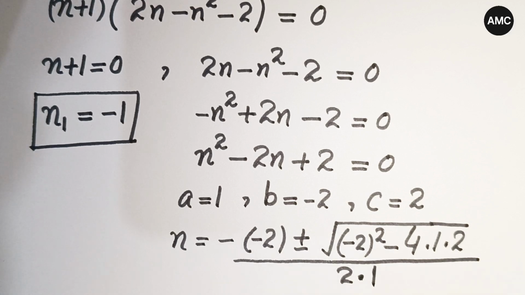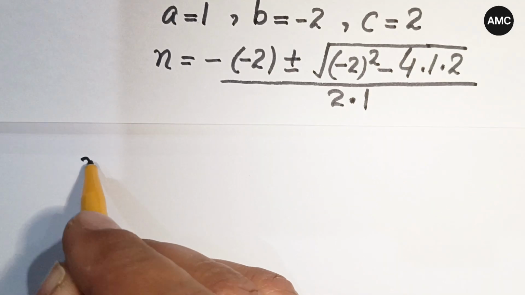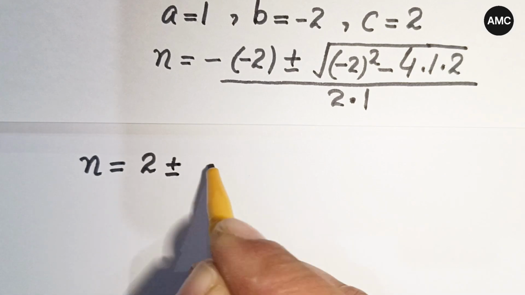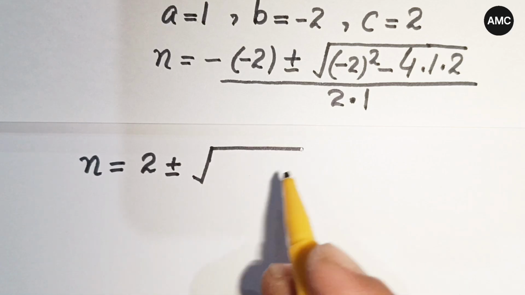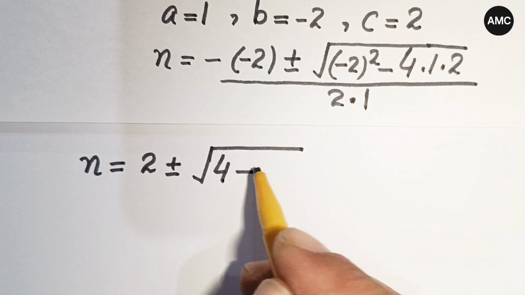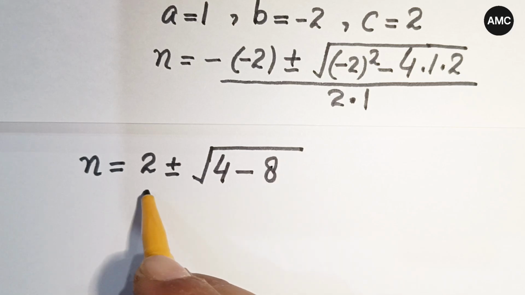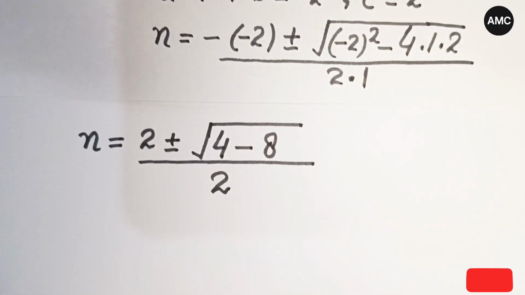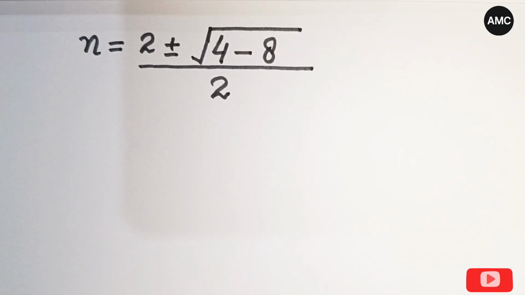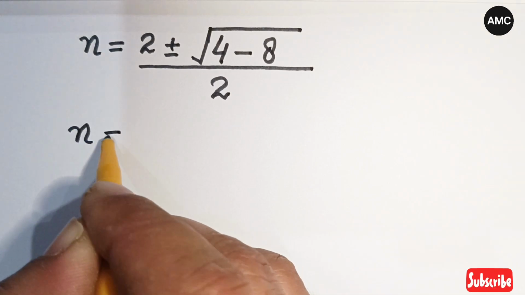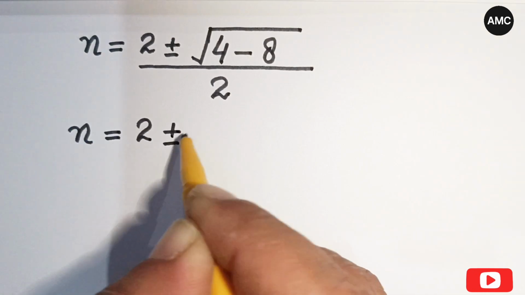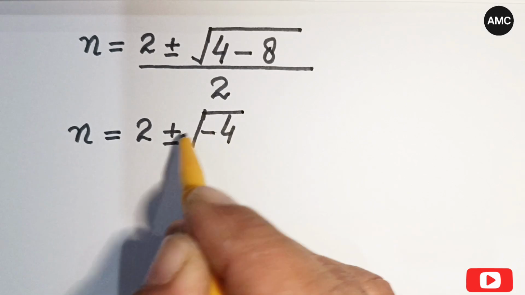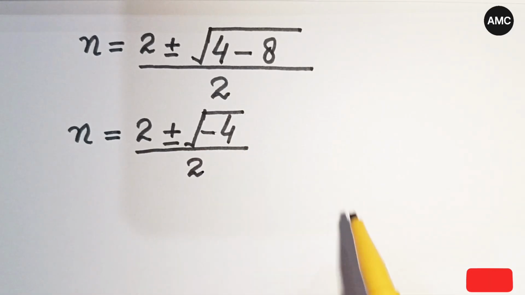Now our next step will be that n is equal to minus times minus is plus 2, plus minus the square root of minus 2 squared is 4, and minus 4 times 2 is 8, all over 2 times 1 is 2. So here n is equal to 2 plus minus the square root of 4 minus 8, which is minus 4, all over 2.